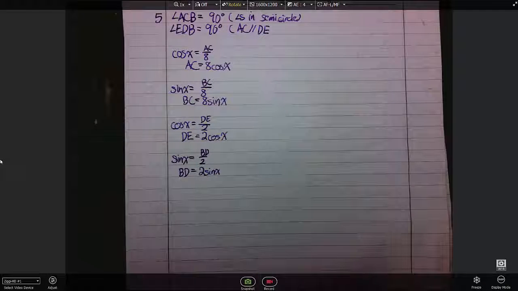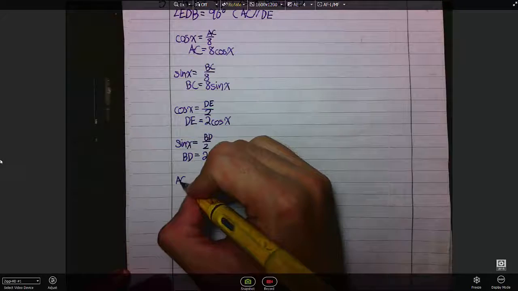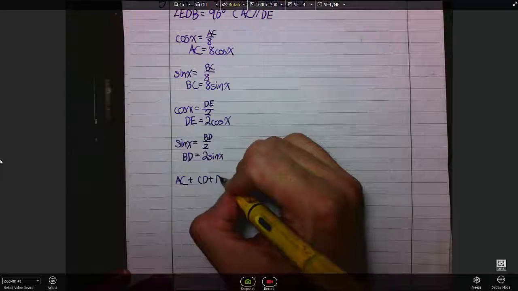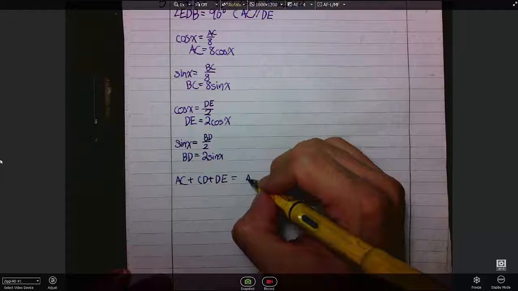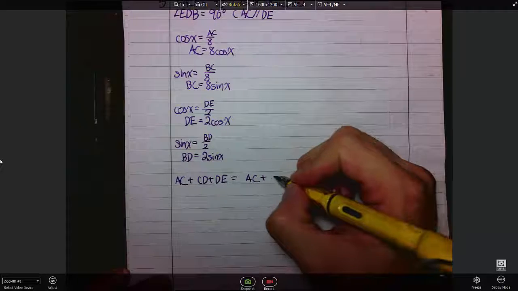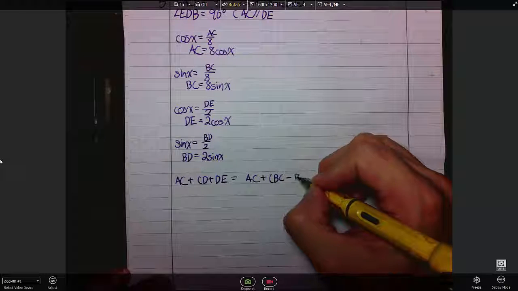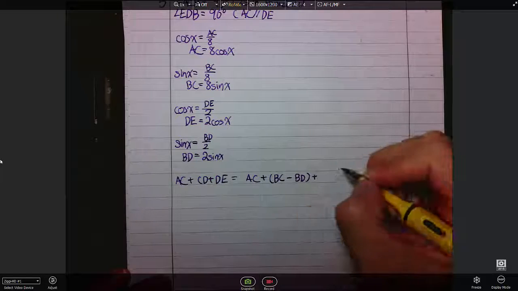So now what we want is AC plus CD plus DE. CD can be rewritten as BC minus BD, plus DE.